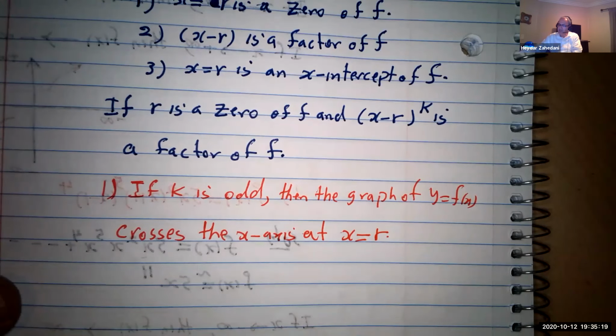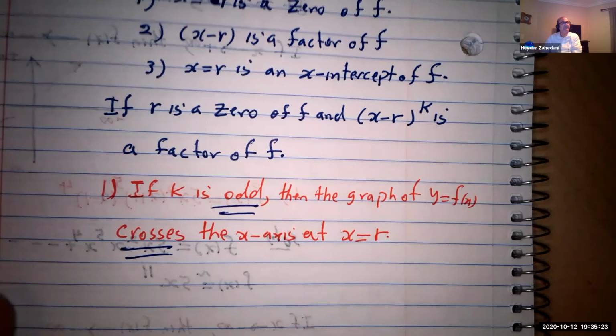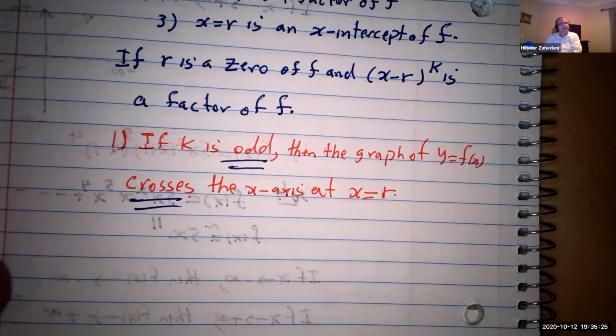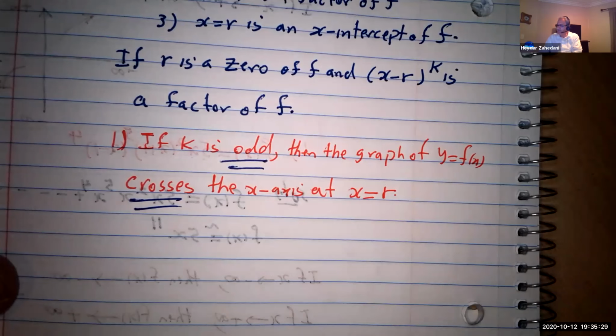So when it's odd, it crosses, because you may get a positive number or a negative number when you raise x minus r to the k.